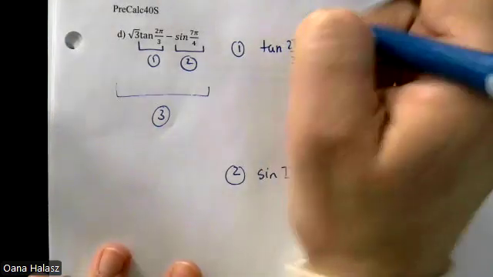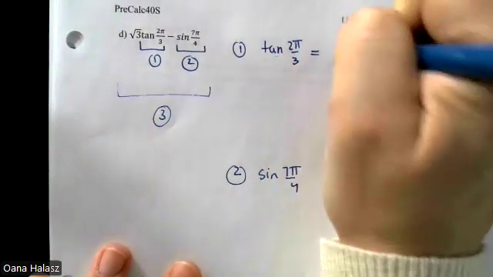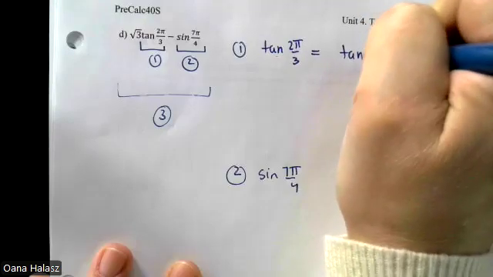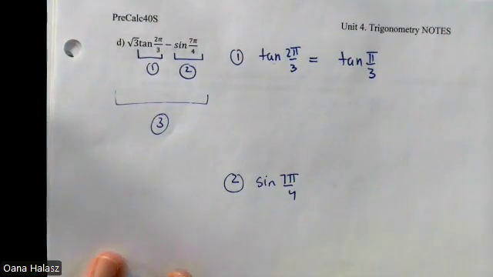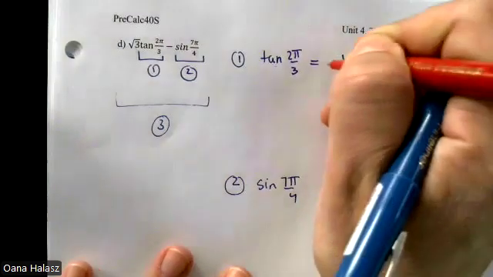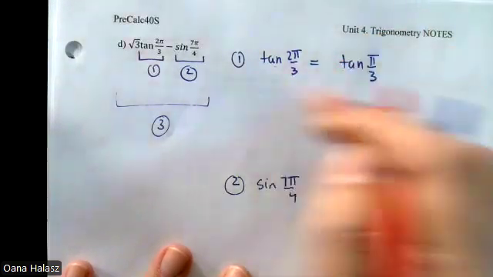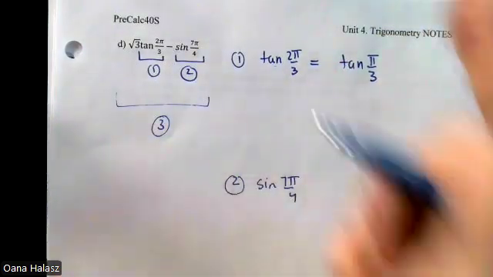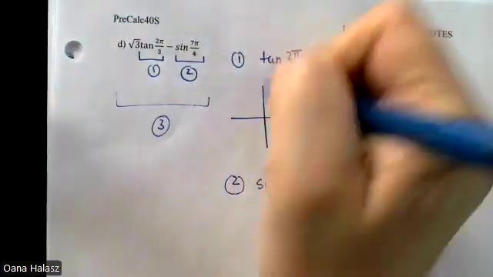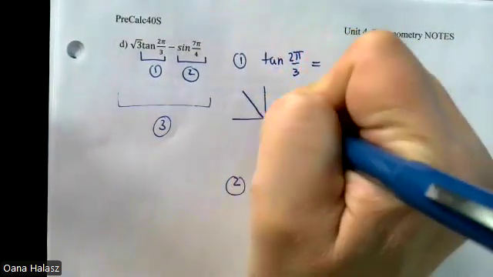Okay, so tangent of 2 pi over 3 is tangent of pi over 3, because again, I only want to memorize the first quadrant. The other values are the same, just differently signed, okay? And I want to decide if here I put a positive or a negative for this equality to be true. So we're doing 2 pi over 3, which is quadrant 2.